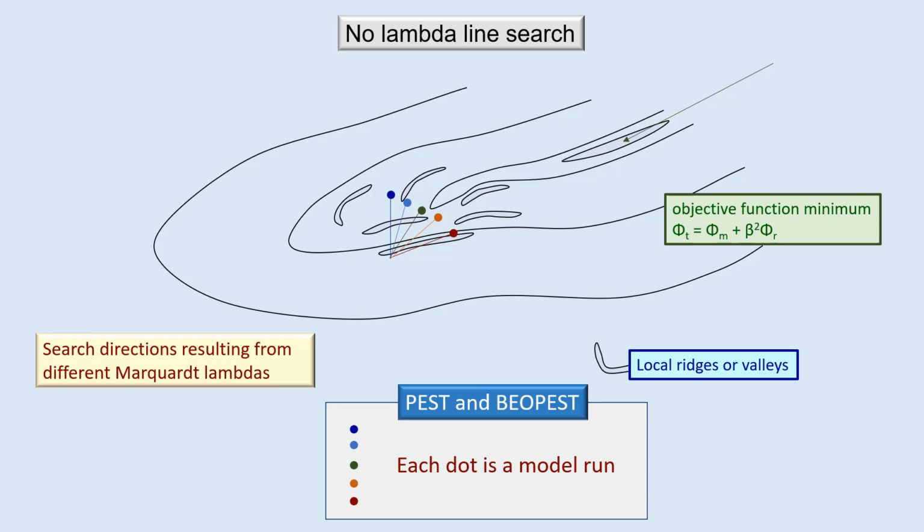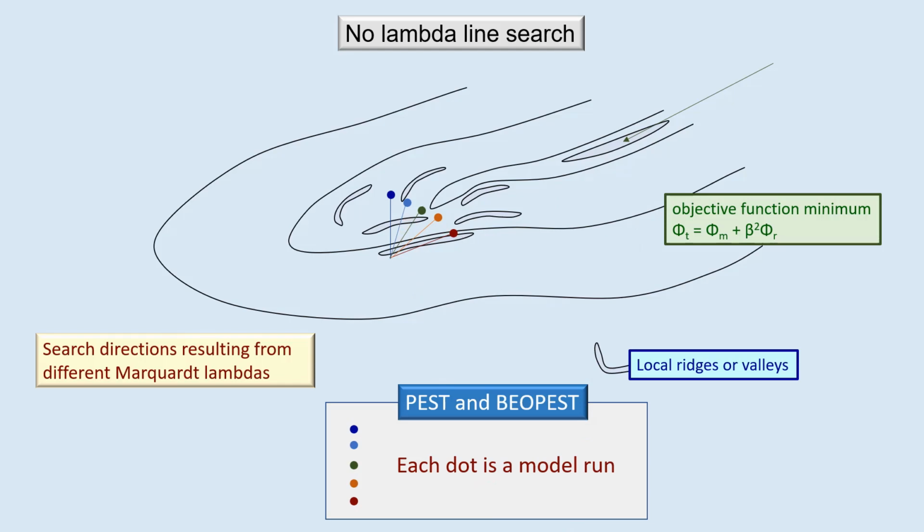Suppose we just have two parameters, and suppose that these are contours of the objective function in two-parameter space. If I have numerical granularity of model outputs, these objective function contours will not be as smooth as I like. Yes, there may be a minimum down here, but there may be ridges and valleys superimposed on these contours as a numerical artifact of unclean model outputs.